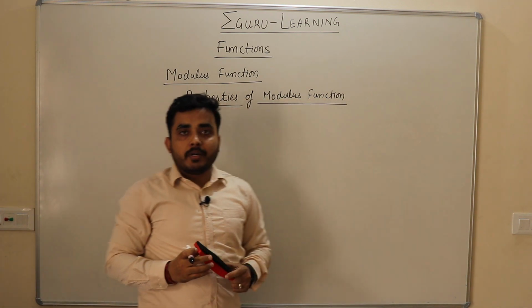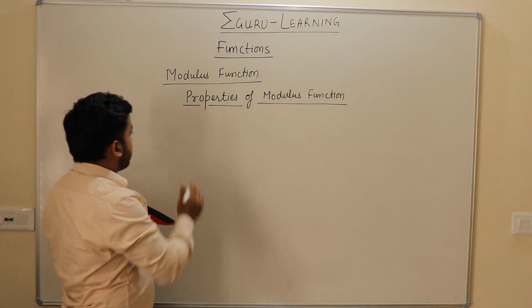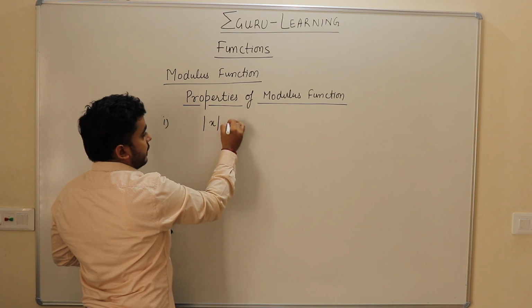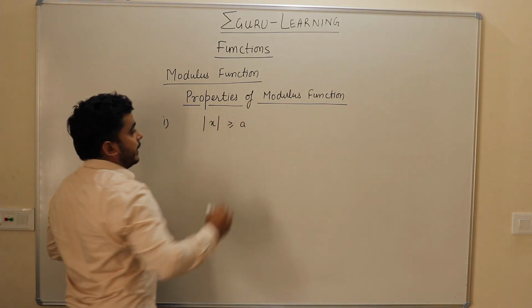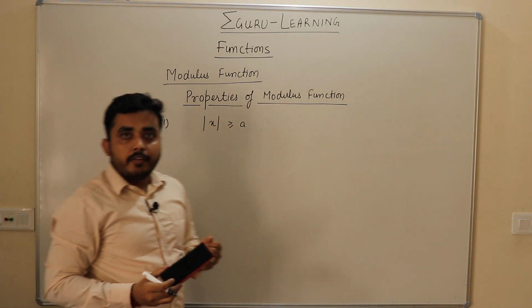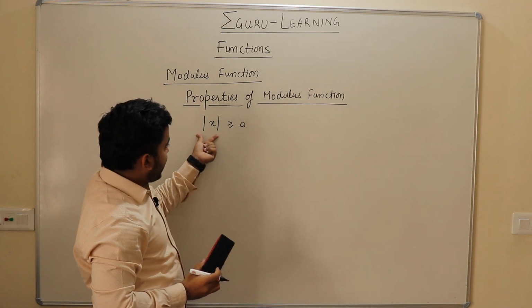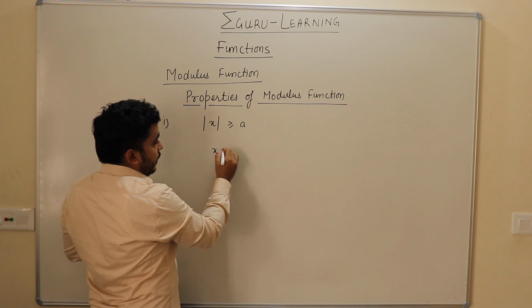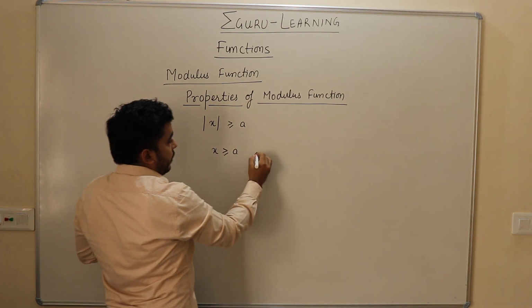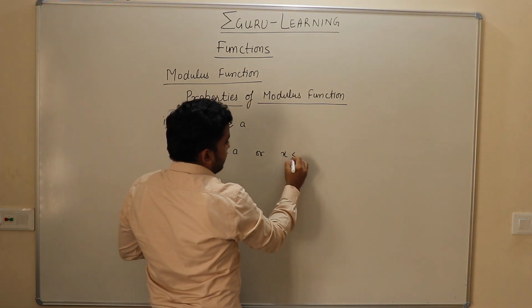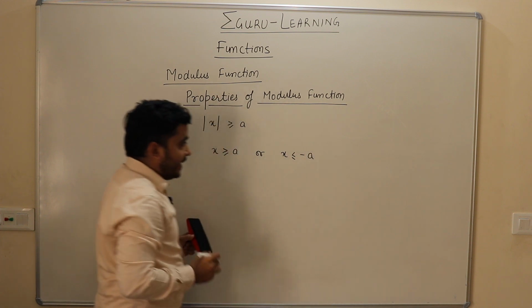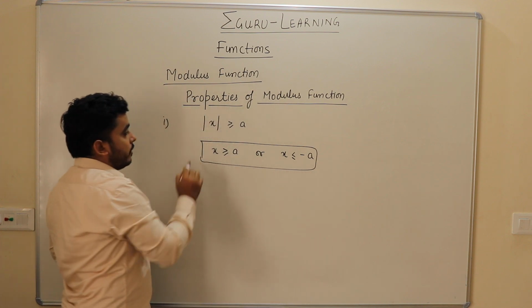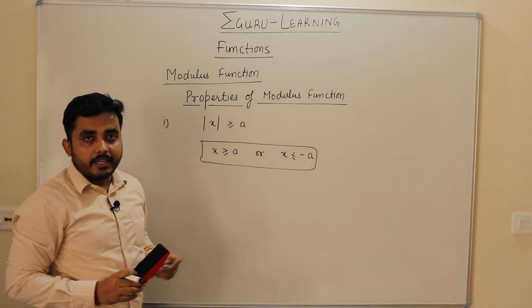So talking about the properties of the modulus function, let us say the first property is if we are given mod x greater than or equal to a. What are the values of x? If mod x is greater than or equal to a, I can say that x will be greater than or equal to a, or x will be less than or equal to minus a. So both cases are possible when we are given mod x is greater than or equal to a.